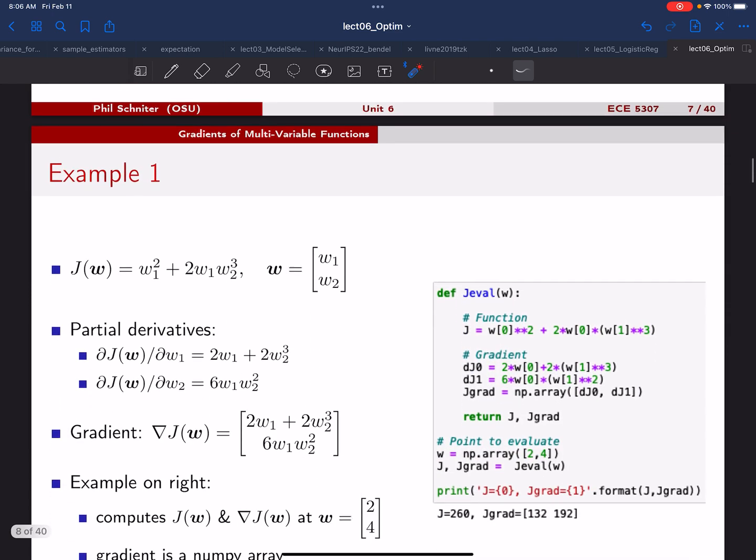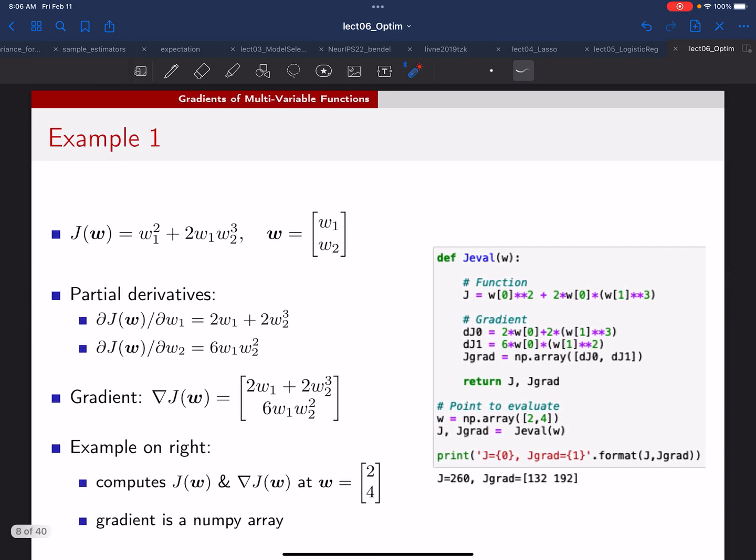Let's do a really simple example where the parameters are just a 2-by-1 vector, and the cost is a polynomial in these different coefficients. To compute the gradient, we take the partial derivative of the cost with respect to the first one, which, as you can see from here, is going to be 2 times W1 plus 2 times W2 cubed.